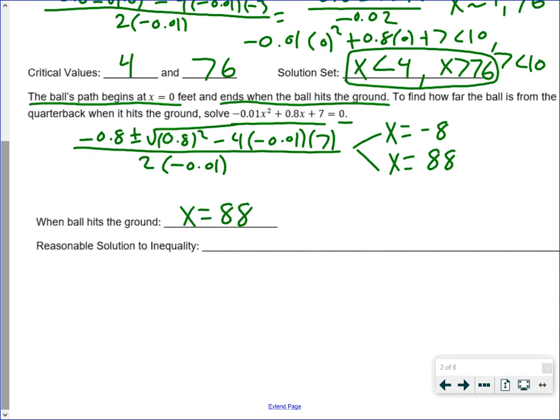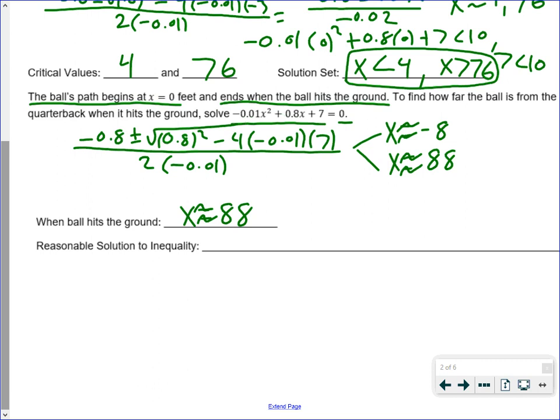Or approximately 88. I think that's a better way to say it, because these are all basically approximations. So a reasonable solution to this inequality, we're going to take what we know here, that the ball's path begins at x equals 0, ends at x is about 88, and our solution set that we solved on the previous part, and we're going to put them together.